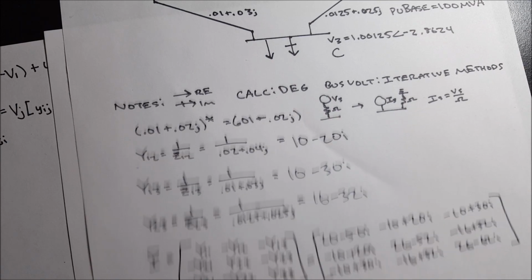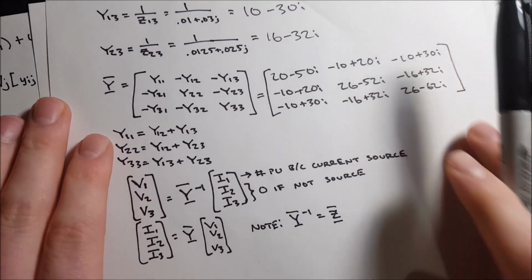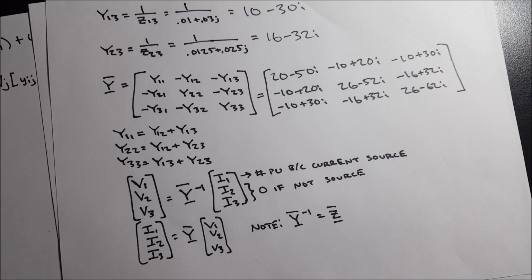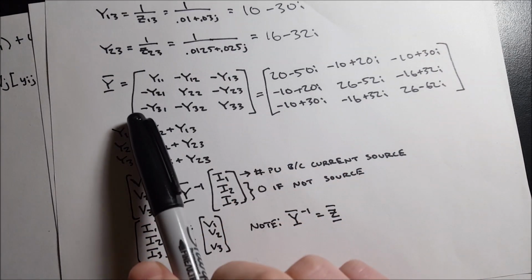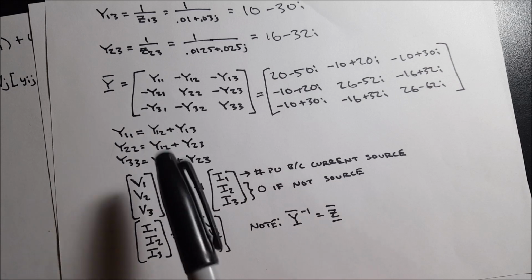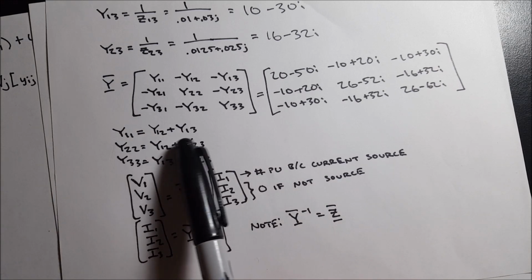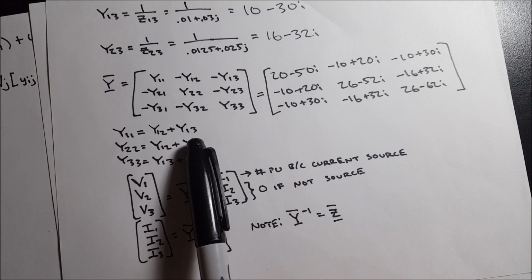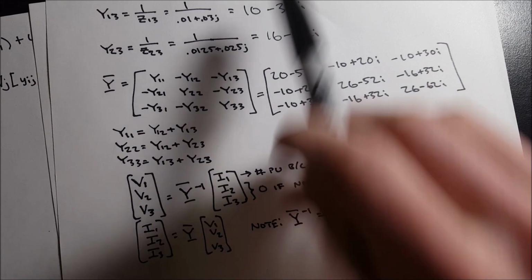From there, you can make an admittance matrix. It is not required, but it helps later on in finding our bus currents. To find Y11, we use this here. You just add up all of the admittances connected to that bus.